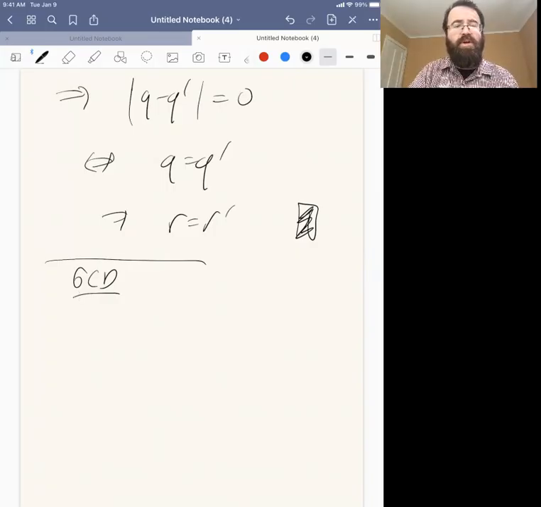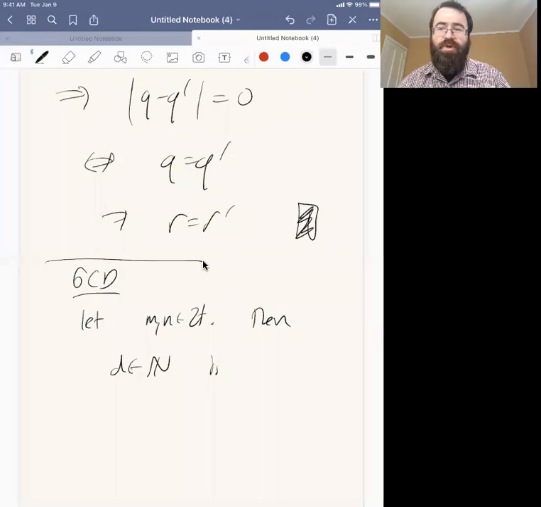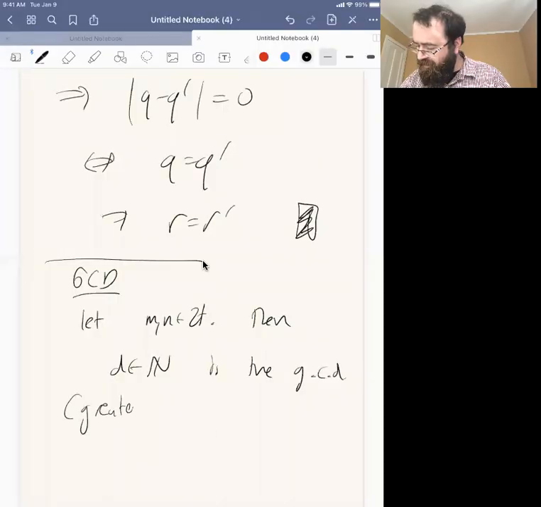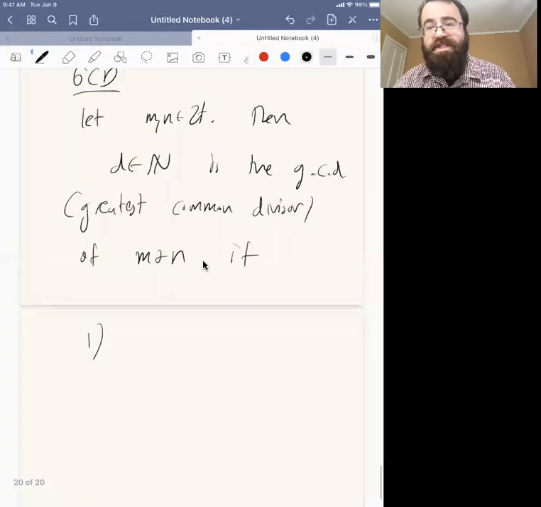Okay. So let's do it this way. So let m and n be in Z, then d in N is, I could say a GCD, but I'll just say the GCD, and that'll be justified momentarily, the GCD, and that stands for greatest common divisor, of m and n if 1, D is a common divisor.